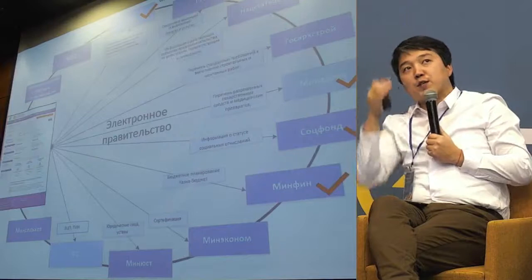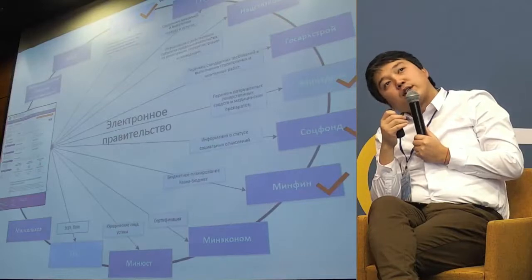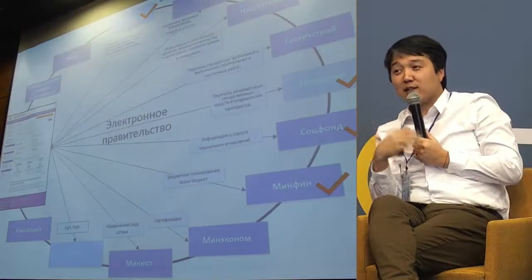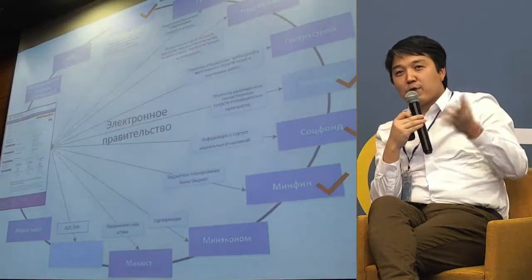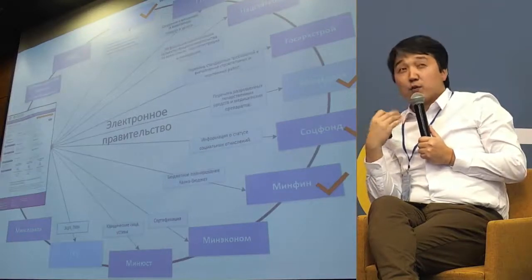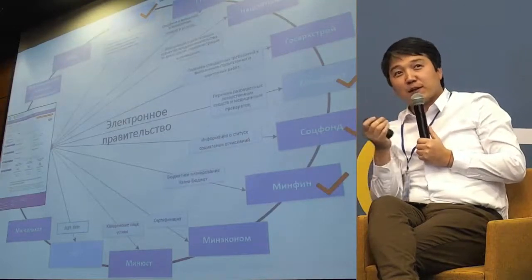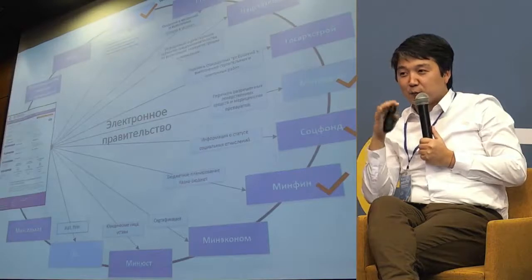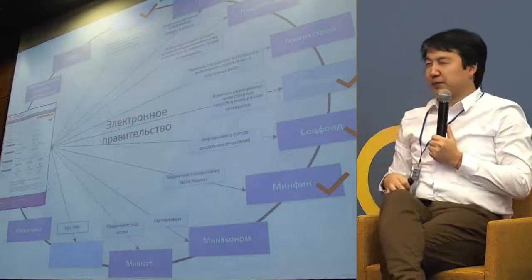For example, within 3 months of 2019, about 106,000 certificates of no tax debt were issued by the tax service. Every supplier used to have to wait 3 days to get this certificate. Today they can electronically confirm that they have no debt.